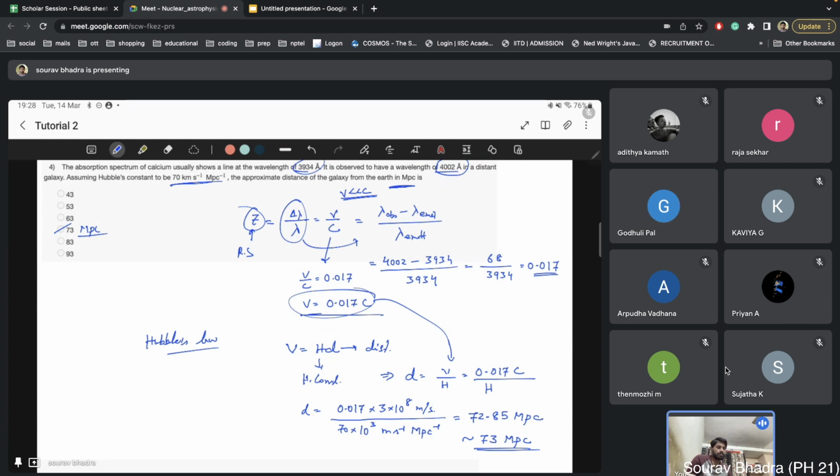Okay. So I don't know. As far as I have done, I don't think there is any mistake. But just once go through this calculation, it is possible that I have made some mistake here.